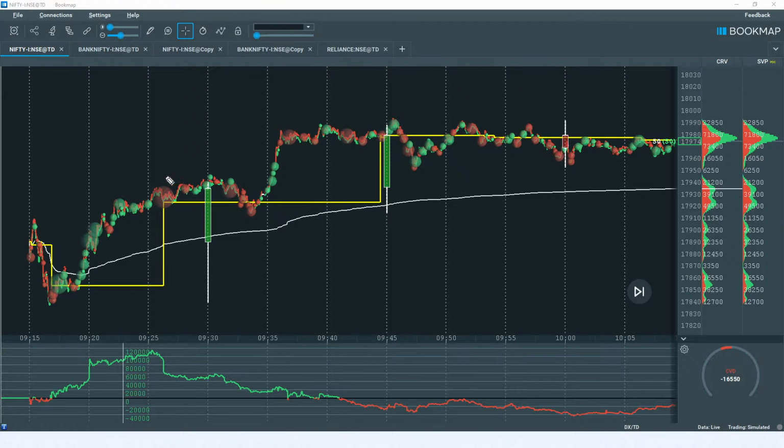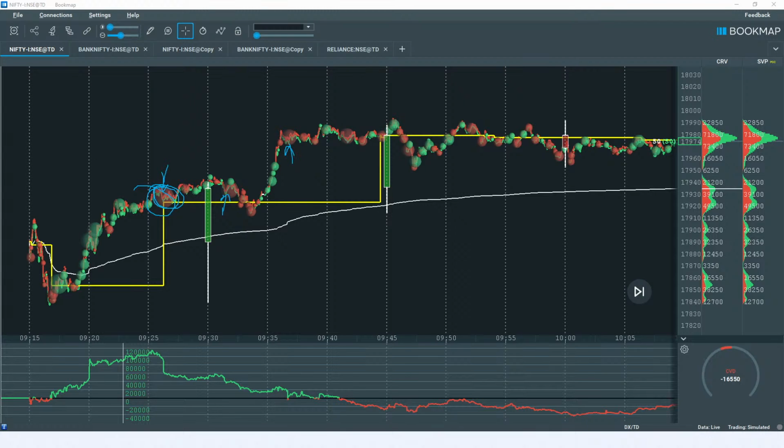For example, this is a red bubble and here we have a red dot. If you compare both, you will see that this bubble is bigger. Even though at both levels market sell orders got executed, more sellers executed market sell orders at this particular price level. That is the information we see immediately when we look at the dots.